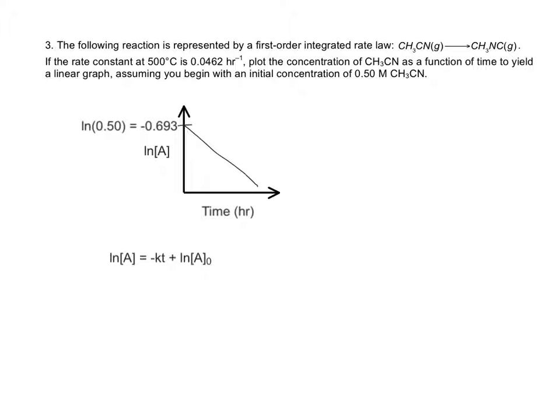So if we're going to write the equation for this line, it's going to be y equals negative 0.0462 times t plus the natural log of 0.5, which we just said is negative 0.693. Right, so that will be the graph for this particular equation.